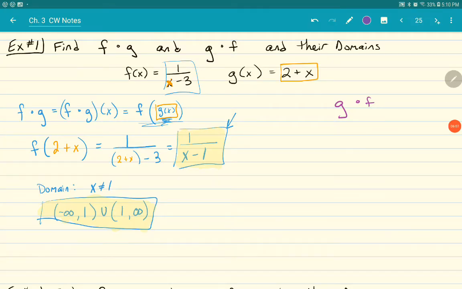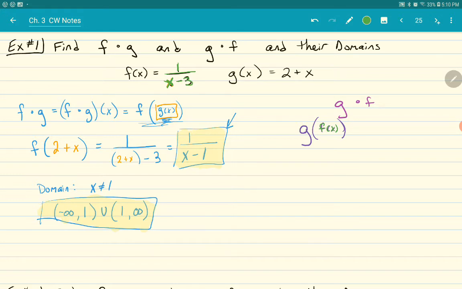Okay, so I made some space to do down g of x. G of x, so that means I'm looking at g of f of x. And I'm plugging in f of x as the input. So f of x is 1 over x minus 3.